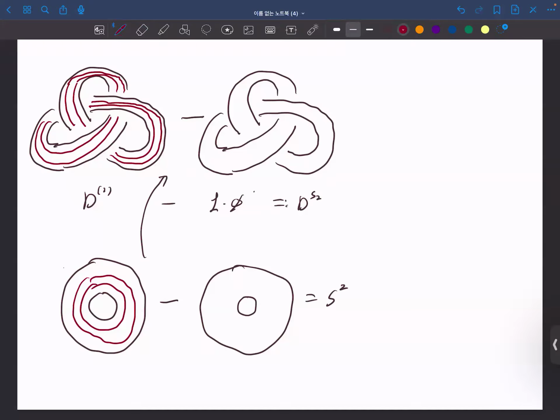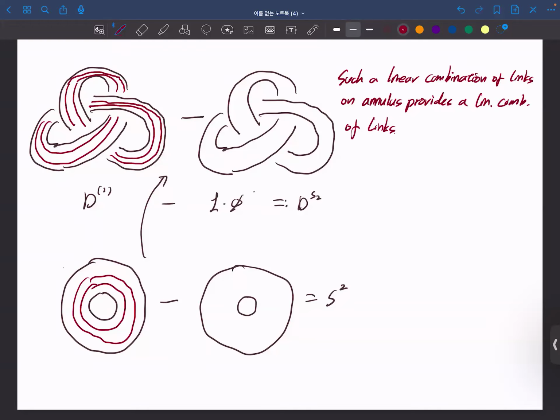So let me write like this. Such a linear combination of links on the annulus provides a linear combination of links obtained by them on the band for the given diagram.